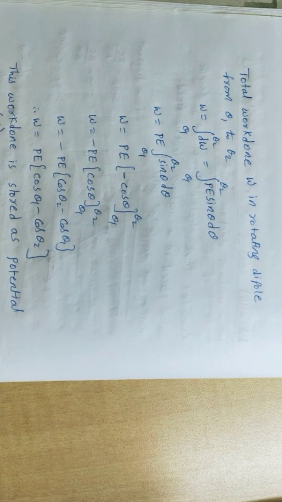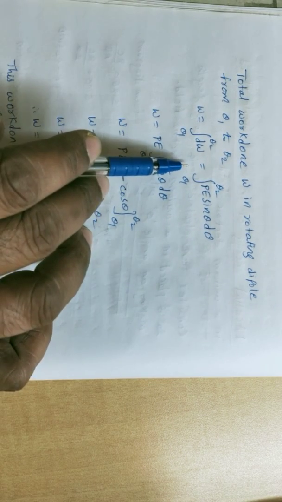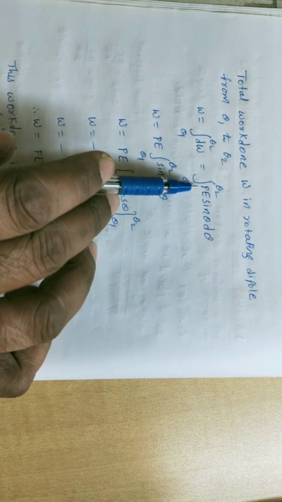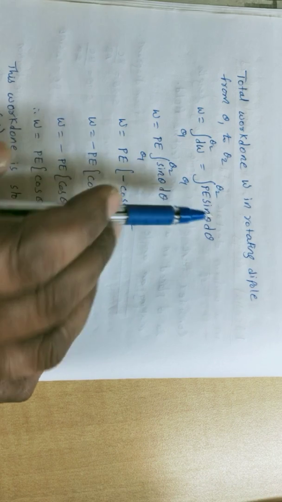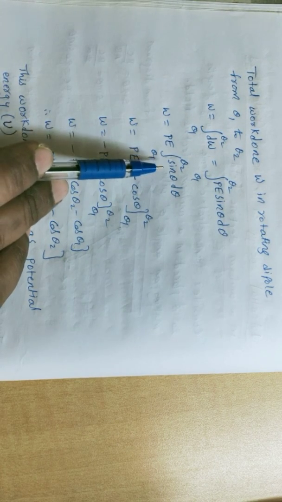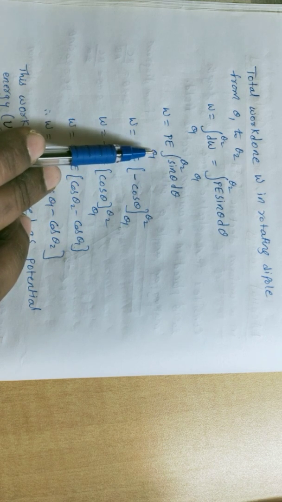That is equivalent to the integral of PE sin theta d theta. In the next step, W is equal to PE into the integral of sin theta d theta, with limits theta 1 to theta 2.